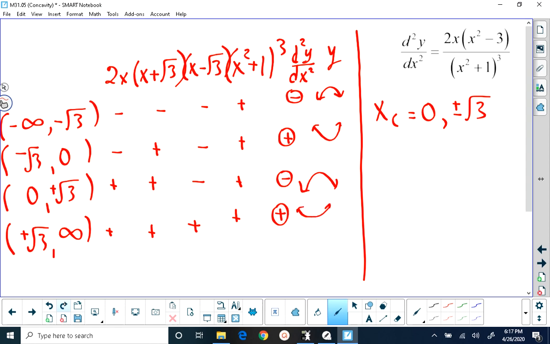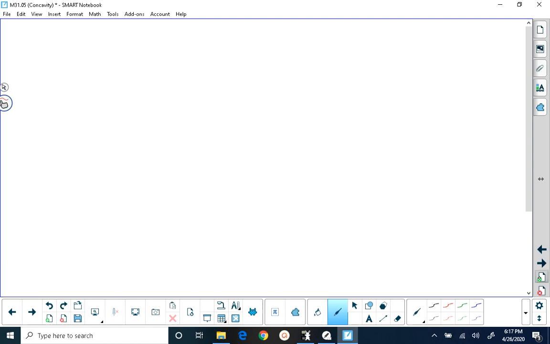So we have concavity changing and going from a negative concavity to a positive concavity. That means there's an inflection point at negative root 3. In fact, we're going to have a total of 3 inflection points. We are going to have an inflection point at negative root 3, comma something.